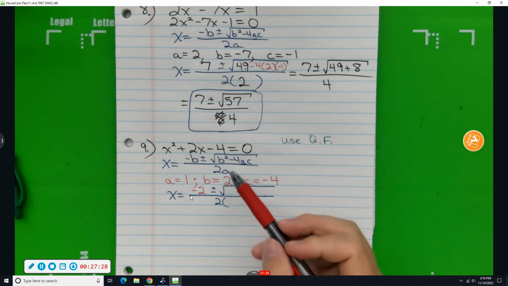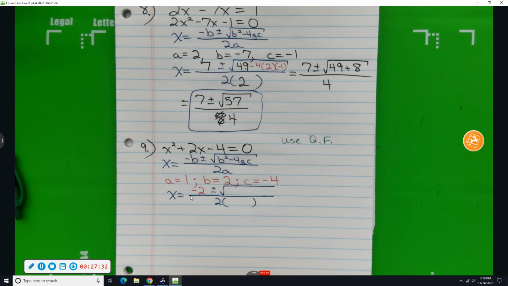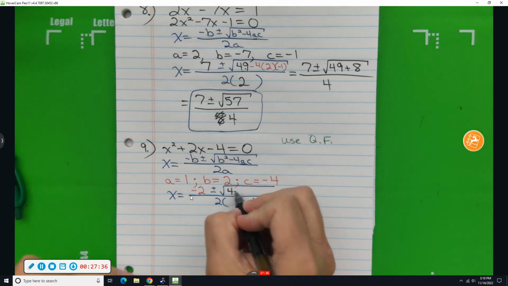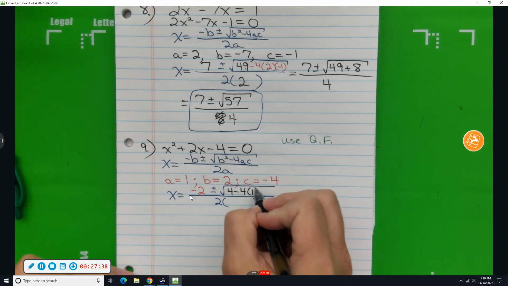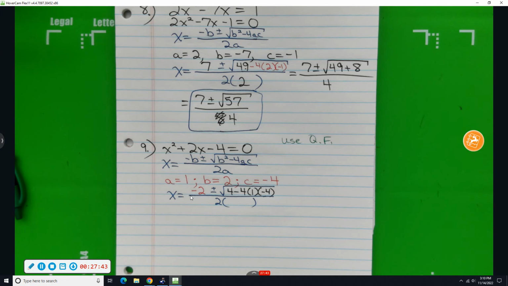B squared, 2 times 2 is 4, minus 4 times a times c. A is a 1 and c is a negative 4, all over what's in my denominator? 2 times 1.